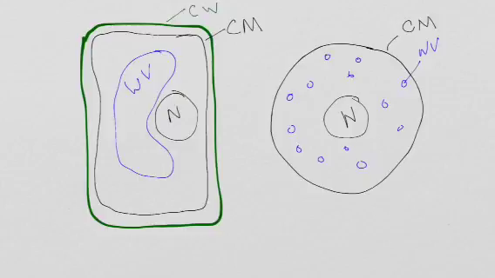Chloroplast. Who has that? Plants have chloroplasts. Animal cells do not. Chloroplasts are kind of like jelly bean-like little cylinders, but not quite.